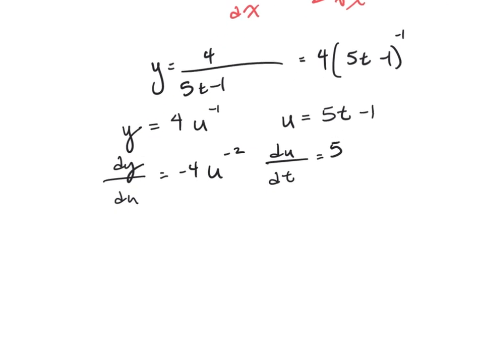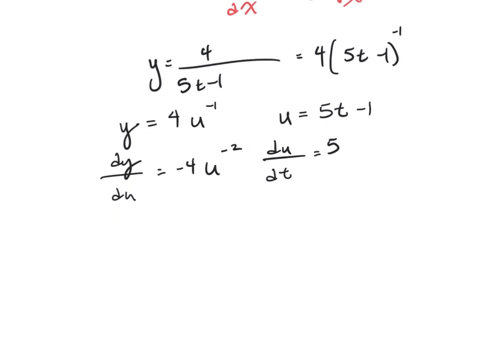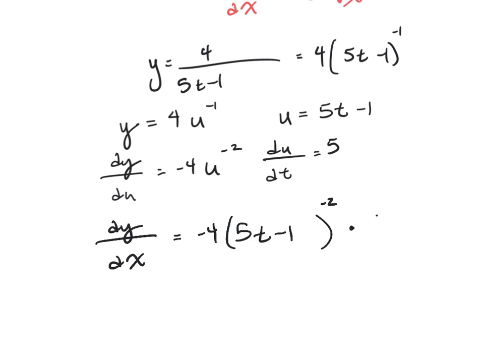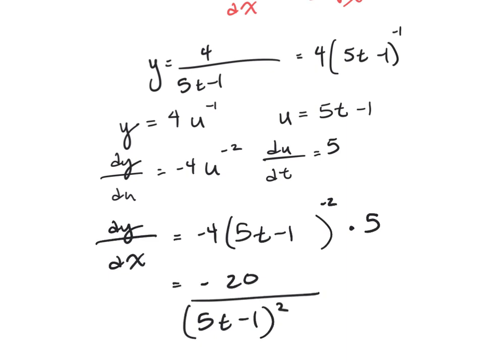And then we're going to multiply them together. dy/dt is going to be negative 4 times u, which is (5t minus 1) to the negative 2, all times 5. So if you want to rewrite this, we'd get negative 20 over (5t minus 1) squared.